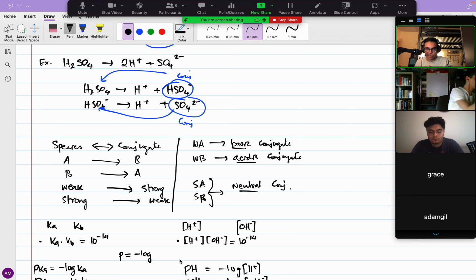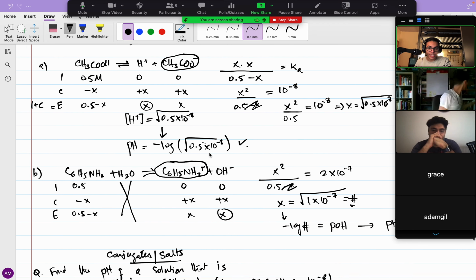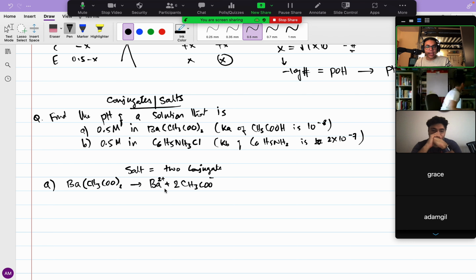That's the idea. But what is our algorithm for figuring out whether a conjugate is neutral, acidic, or basic? It is to look at the acid or base that it came from. So we will do this reverse engineering here. Ba2 plus.